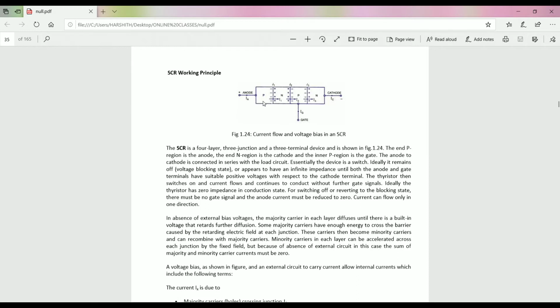As the forward bias voltage increases, J2 breaks down automatically.